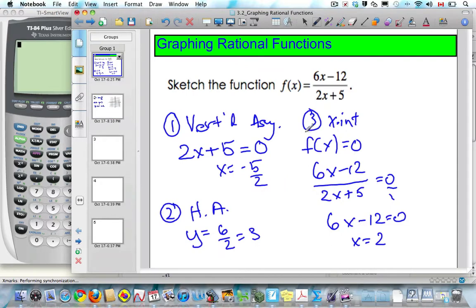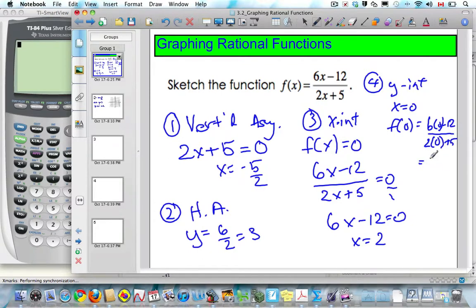Now the last piece of information I need to consider is my y-intercept. See if I can squeeze this in the side here. For my y-intercept, for any type of graph, I always let x equal 0. So if I plug 0 into my function, f of 0, I get 6 times 0 minus 12 over 2 times 0 plus 5.